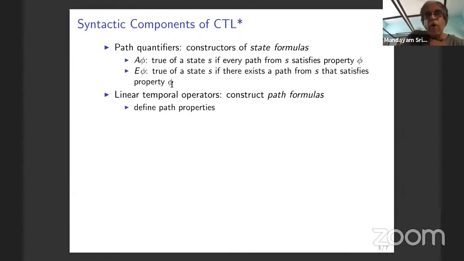Now, the path formulas that are part of CTL star are themselves constructed using what are called linear temporal operators. Okay, these define path formulas. I'm using formulas and properties interchangeably here because a property will eventually be expressed as a formula in CTL star.